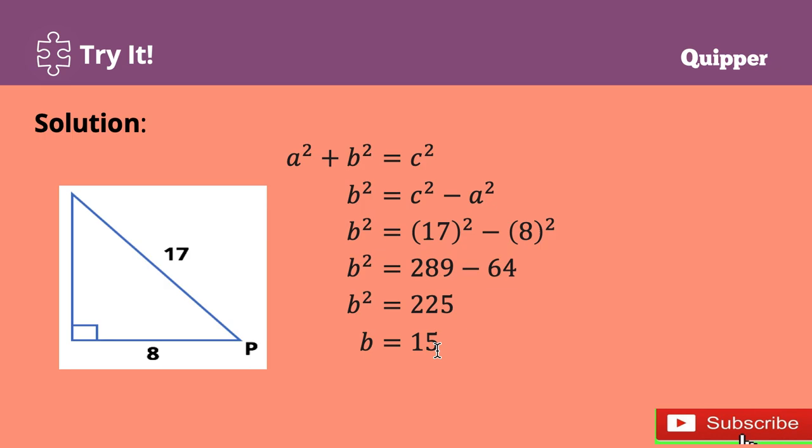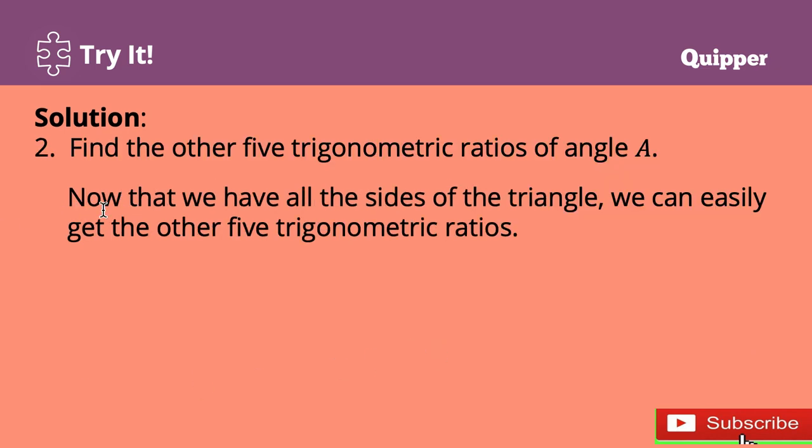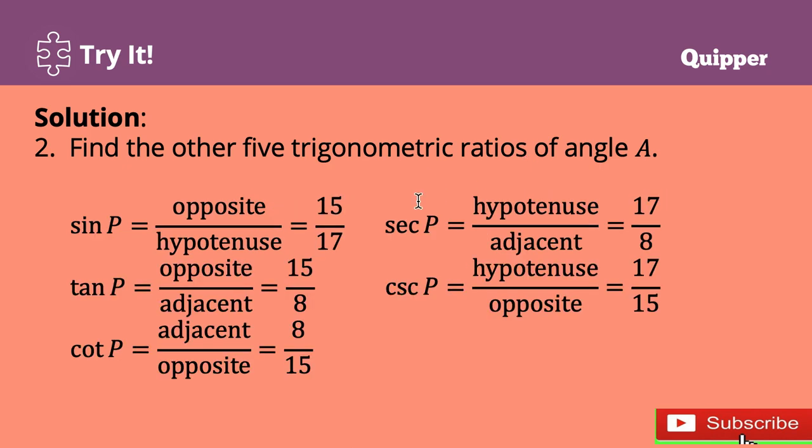Now we can find the other 5 trigonometric ratios of angle P. Now that we have all the sides of the triangle, we can easily get them. For sine P, using the formula opposite over hypotenuse, that's 15 for the opposite and 17 for the hypotenuse.